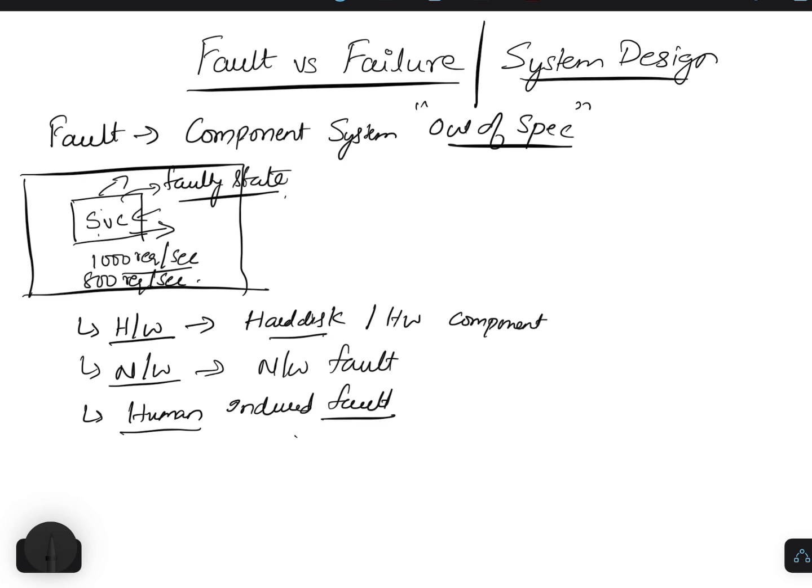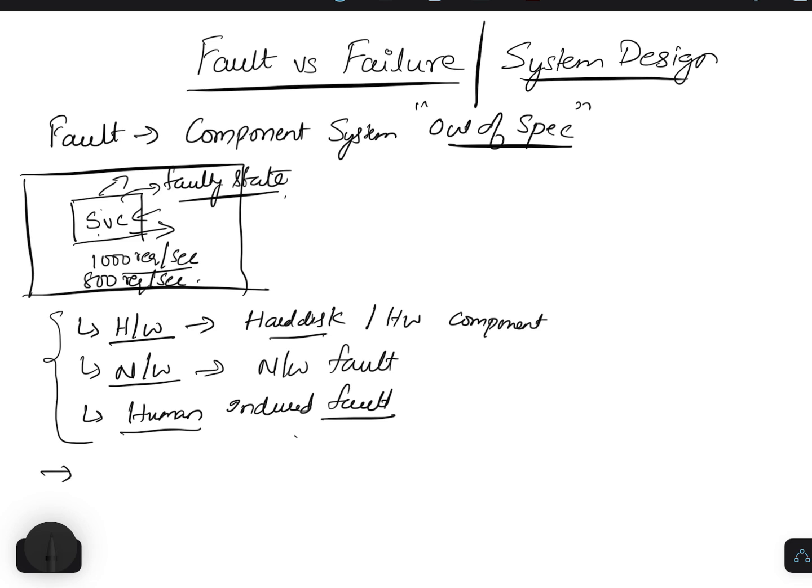As you can see, these situations are not completely avoidable. They will happen at any point in time during the operation of the system. So as a skilled developer or system design engineer, we have to design our system in such a manner that it can tolerate some of these faults.